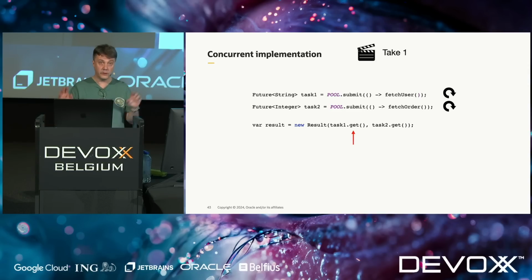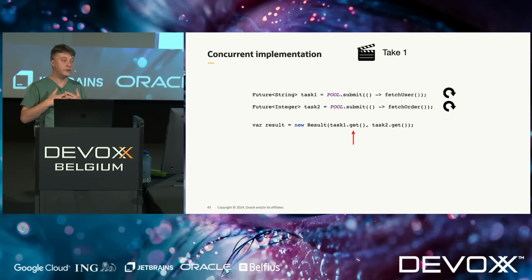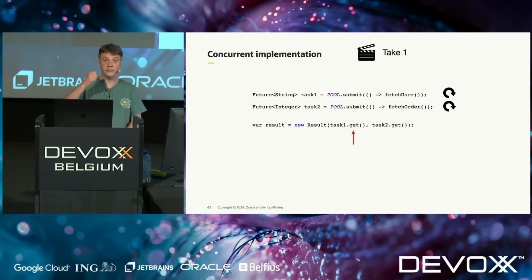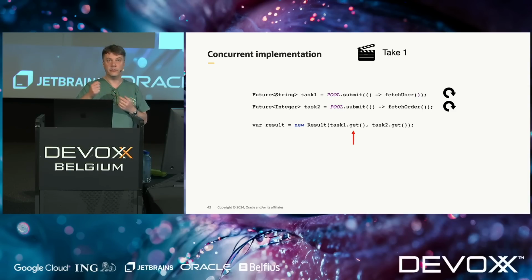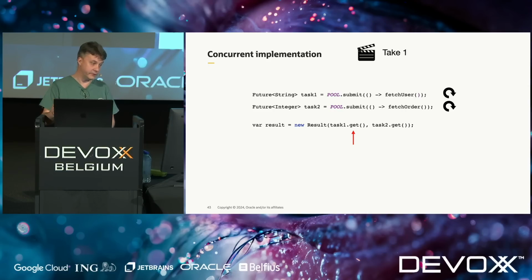We're going to run through this a couple of times, take one, take two, take three, to see what's actually happening. This code is using the ExecutorService submit method. I give it a callable that will run on one of the threads in the thread pool, and what it returns is a promise in the form of a Future that I can use to wait on the result.